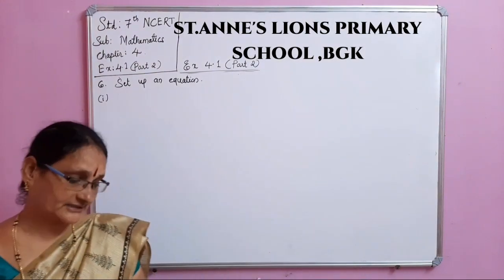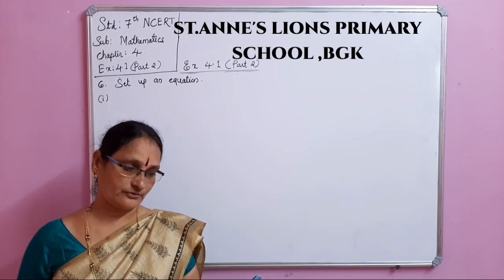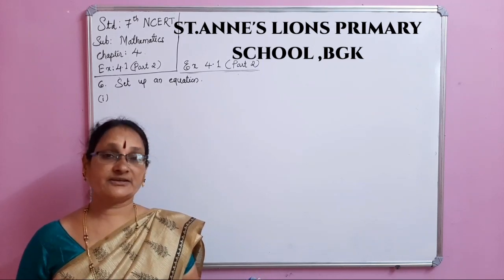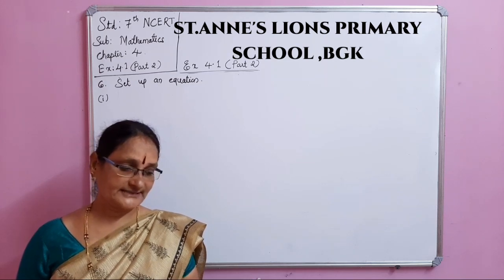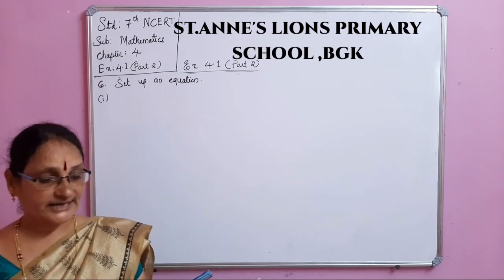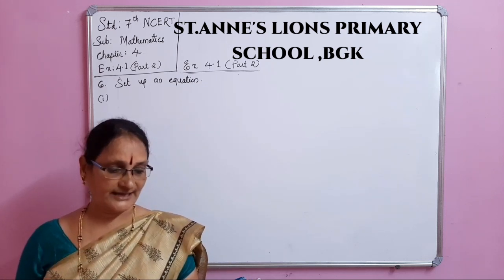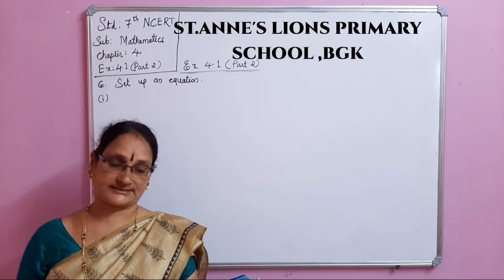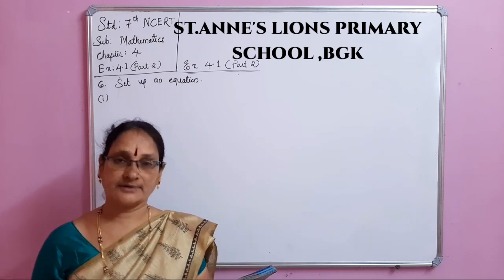Now the sixth way, you take the question from your textbook. First question you take. We have to set up an equation for the given situation. Irfan says that he has 7 marbles more than 5 times the marbles Parmit has. Irfan has 37 marbles. Take m to be the number of Parmit's marbles.